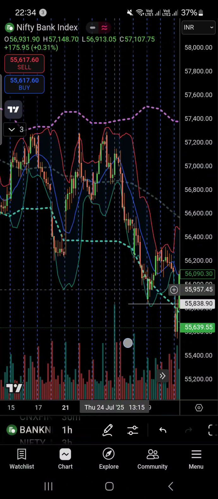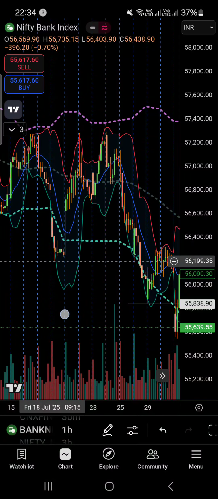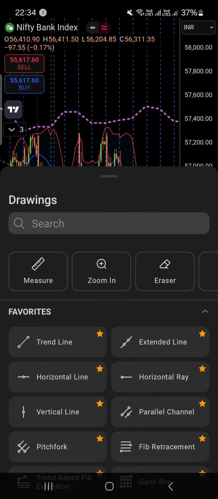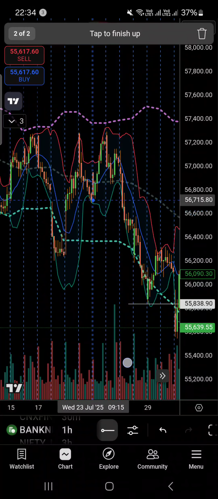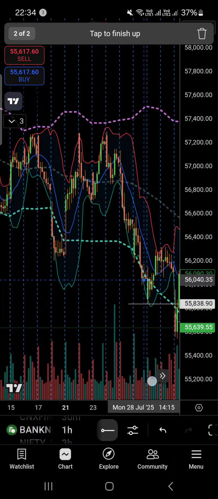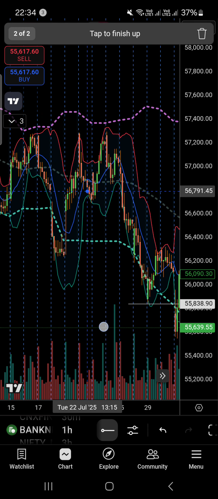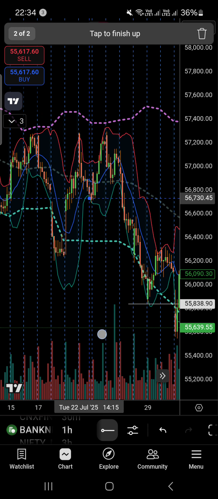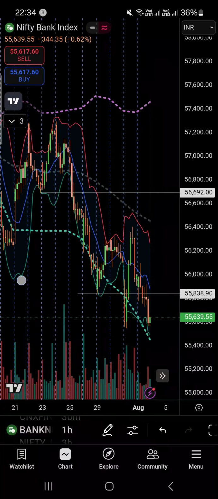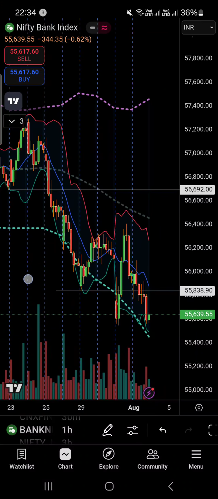This made a lower low compared to this level where it crossed last time. So you are not going to go long here. You are going to wait for the short opportunities, right?